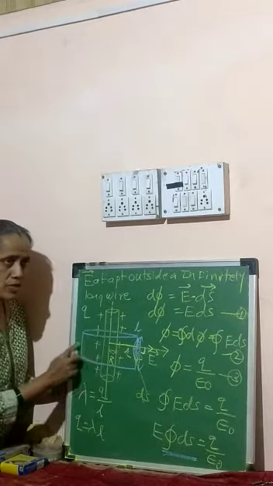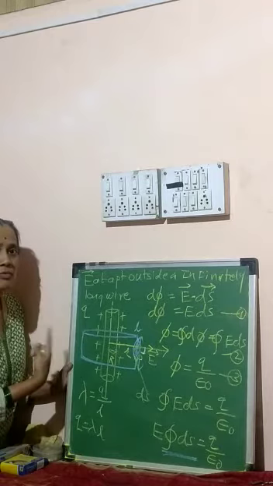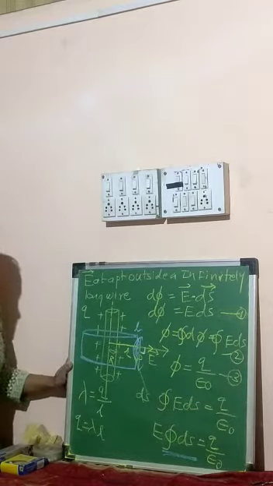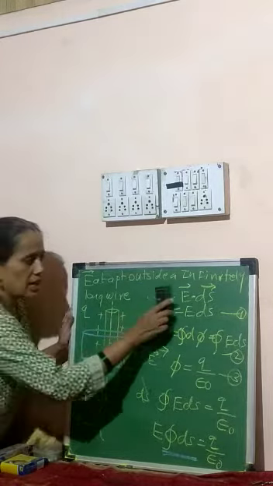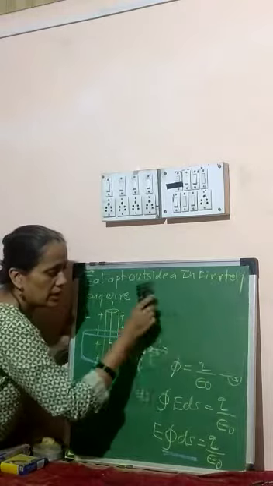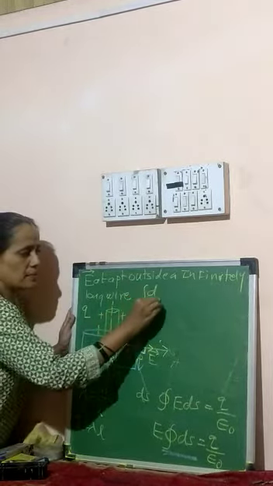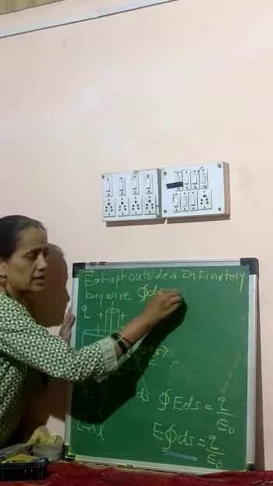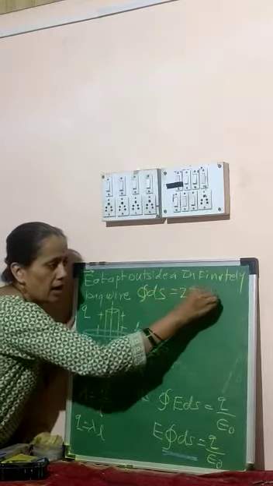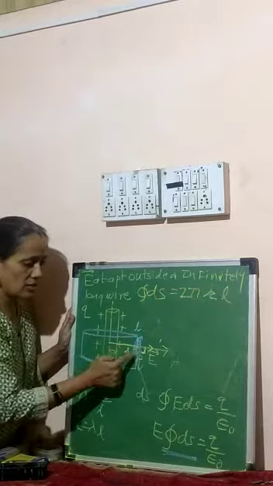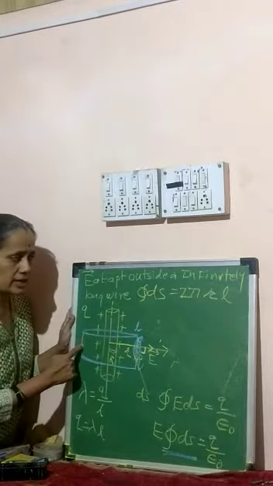So your lines of force are passing through a curved surface area. So closed integral of ds can be written as 2 pi r L, the curved surface area of this Gaussian cylinder.